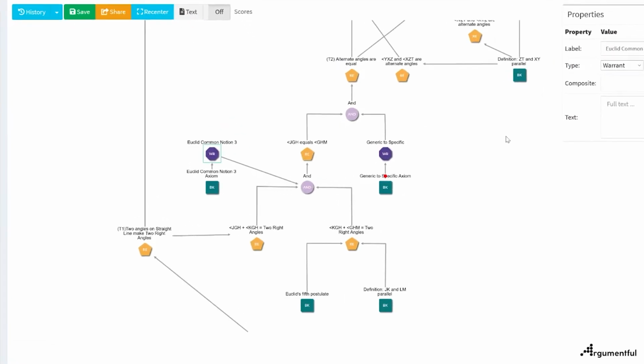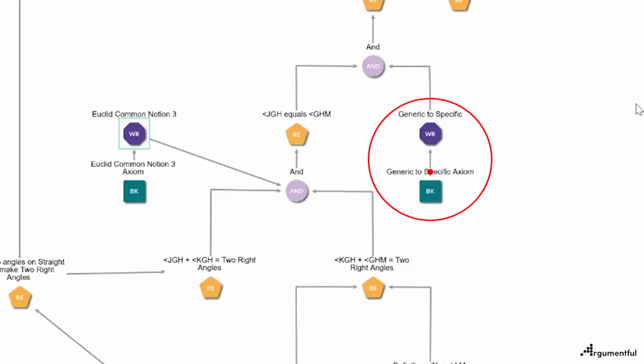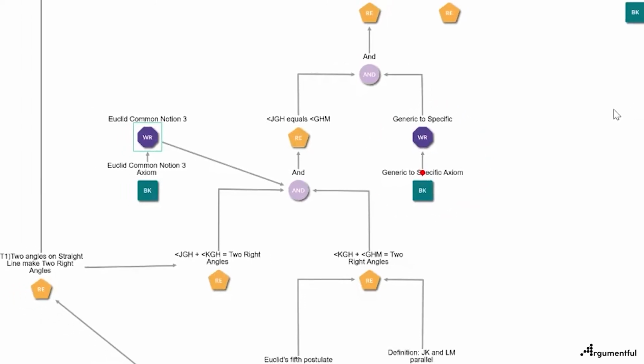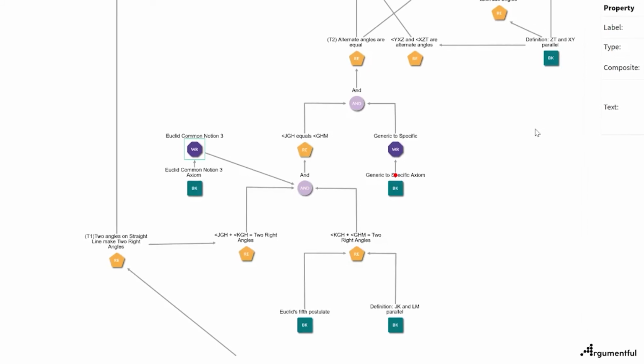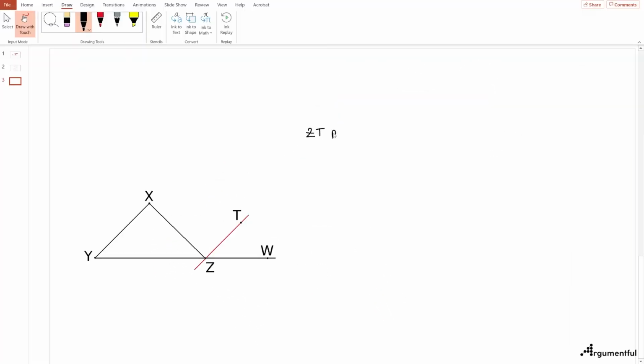The last thing that's missing in order to prove the second intermediate theorem, that alternate angles are equal, is the same generic to specific principle we already discussed. For keeping this map tidy, I have added a warrant and a backing. But bear in mind that these are the same nodes we already used. Coming back to the original theorem, we'll consider triangle XYZ and construct ZT parallel to XY, as well as point W, such that Y, Z, and W are on the same line.